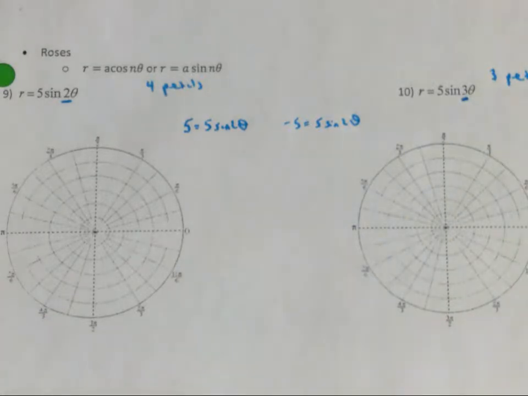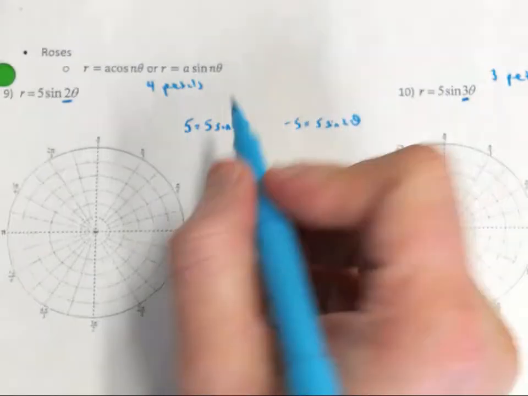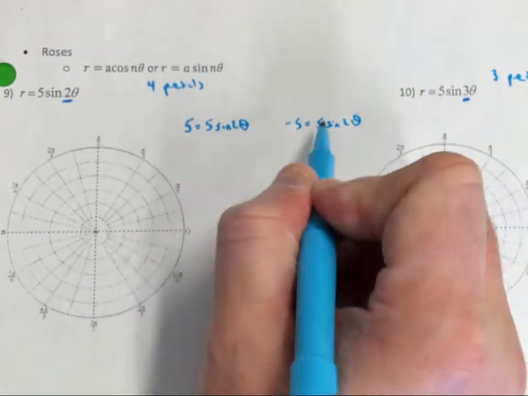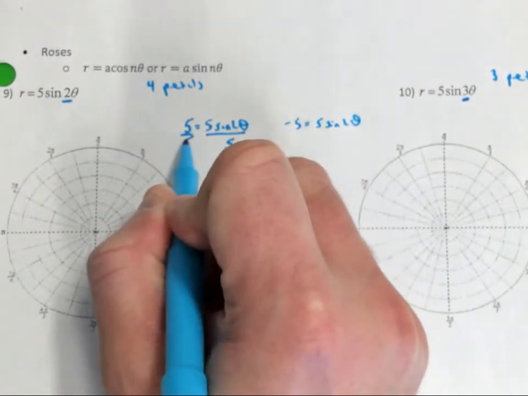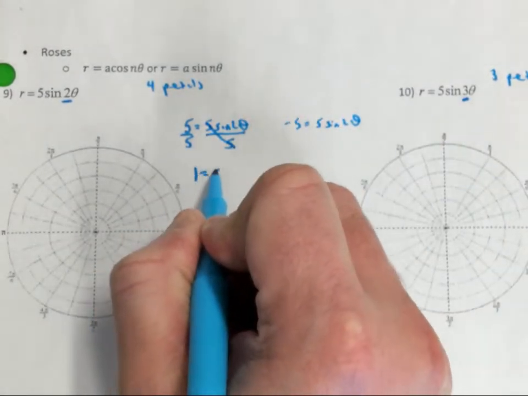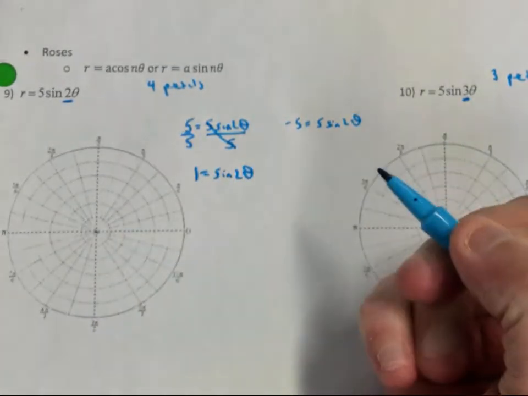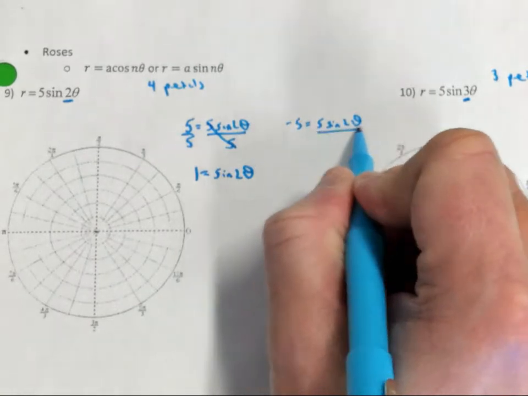I'm showing you the long way. I'm going to show you a shortcut in a minute, so you'll appreciate it. Now, you want the sine part to be by itself, so I'm going to divide this by 5. So I have 1 equals sine 2 theta.